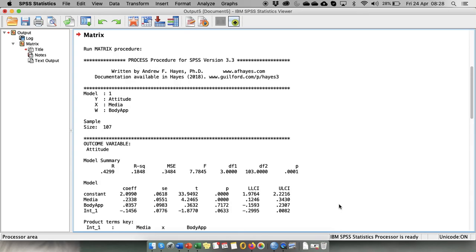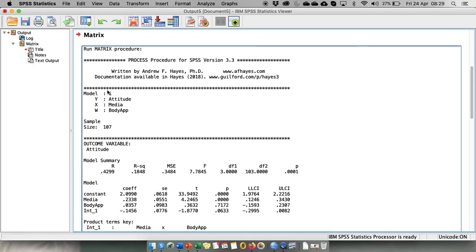Okay, so the output from process looks very different from the output of usual SPSS analysis. It doesn't have the usual tables with the names, but when you spend a bit of time looking at it, it's really easy to read. It's really well presented.